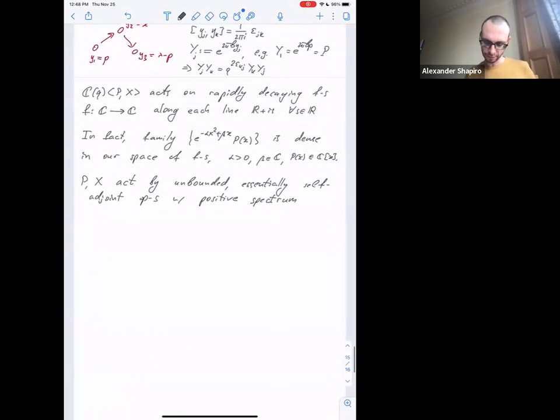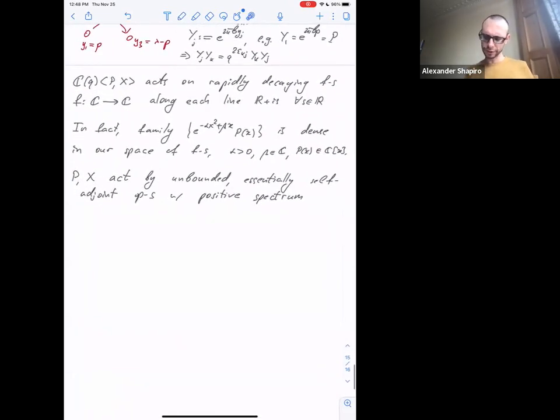So unbounded just means that if we want an honest representation, we would need to choose the maximal domain in which they act, so that we have different analytic difficulties there, but everything ends up working nicely.